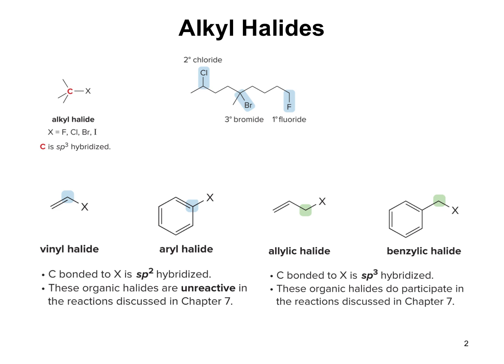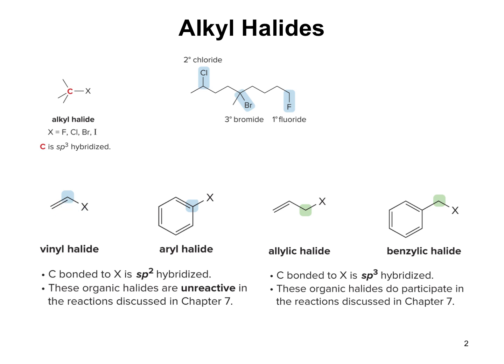You're also going to see a reference to allylic halides. These have a halogen bonded to a carbon next to a carbon-carbon double bond. And then you're going to have benzylic halides, where that is a halogen bonded to a carbon next to that benzene ring here. I like to show these next to each other because we can see the vinyl here.